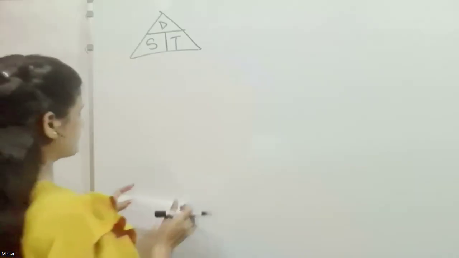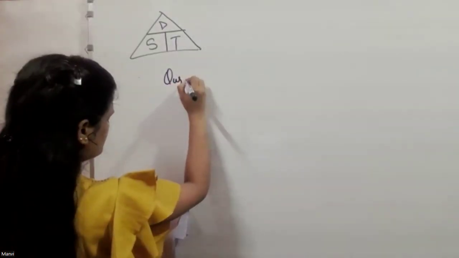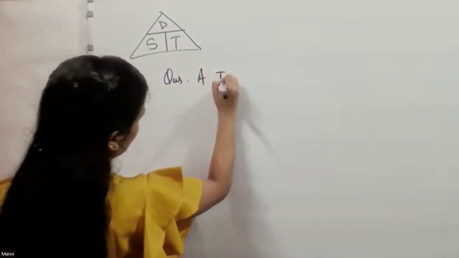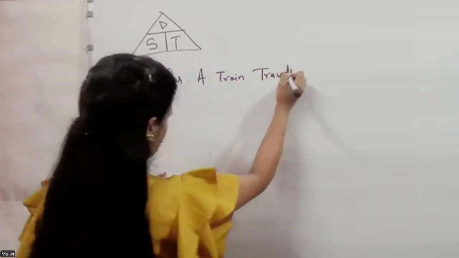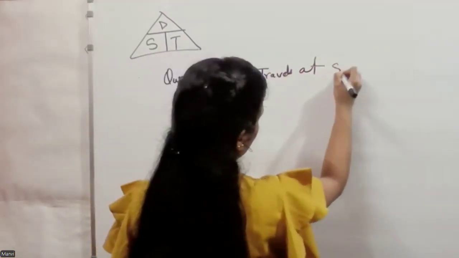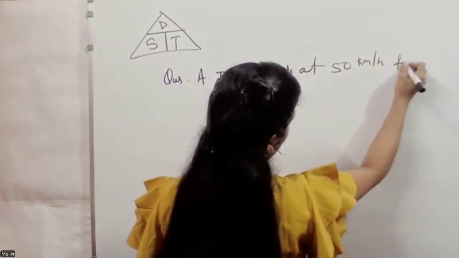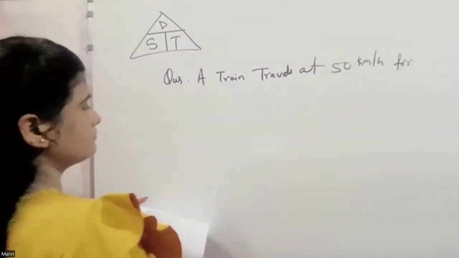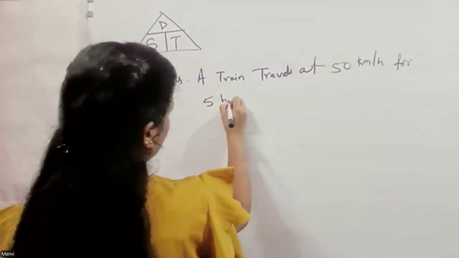Now, please tell me. A train travels. This is a question for you, Kavya. Please work it out. A train travels at 50 kilometer per hour for 5 hours.